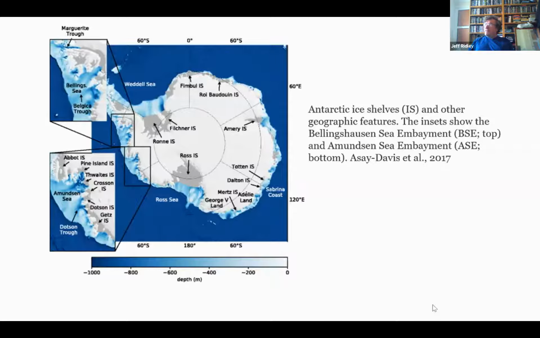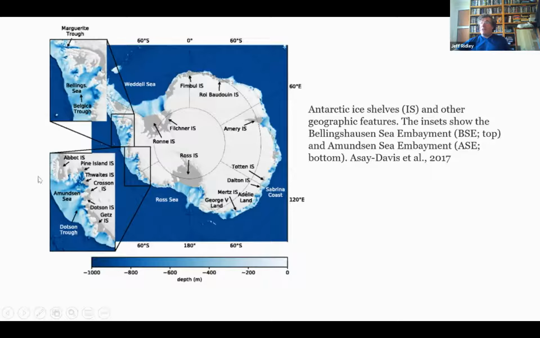Now, as I say, this is about Antarctica, and this map shows roughly the ice shelves and the important regions, which are the Bellinghausen and Amundsen Sea sectors, where the ice shelves are thinning rapidly, and it's believed from ocean warming.